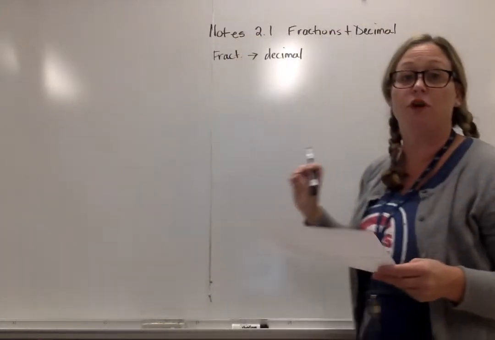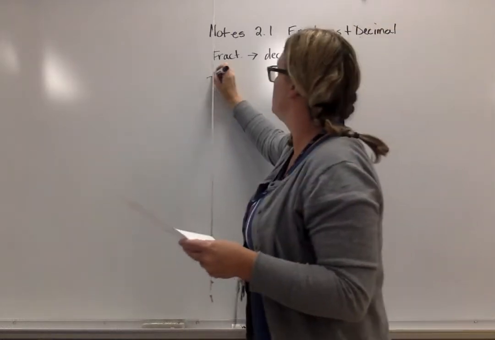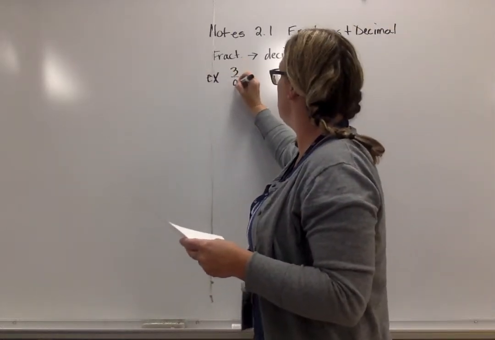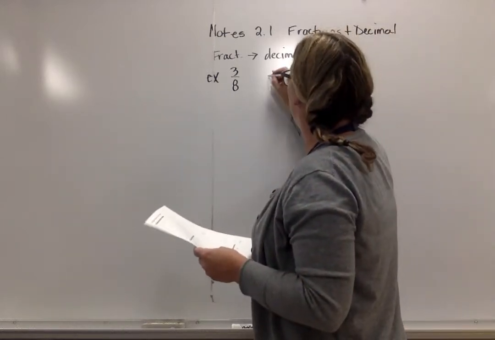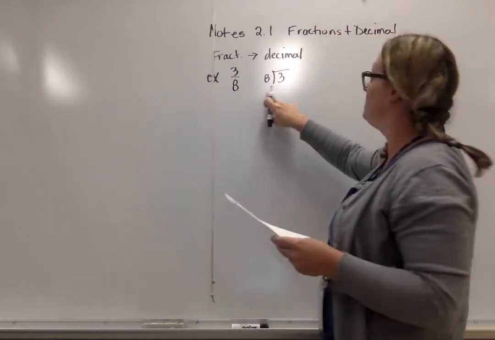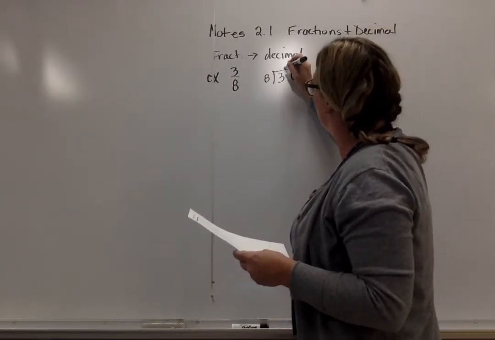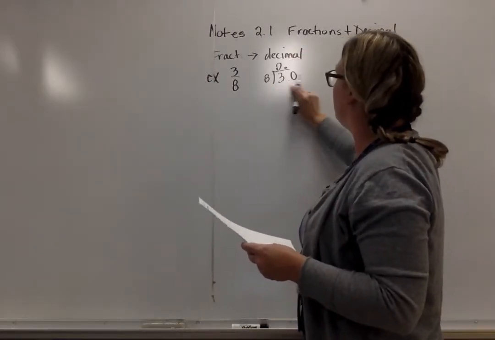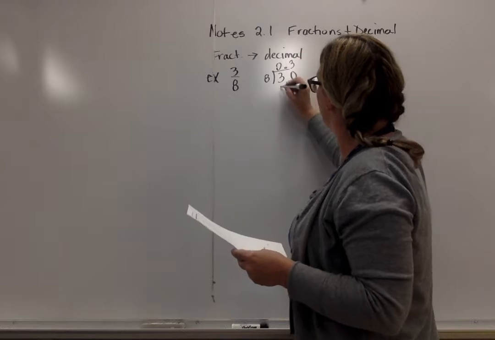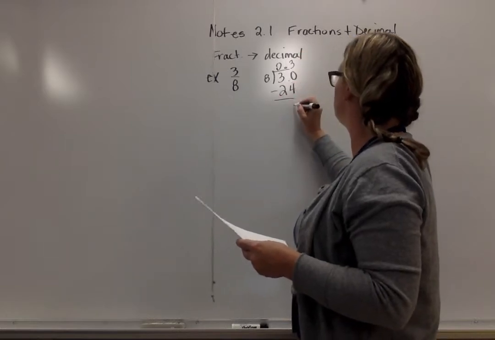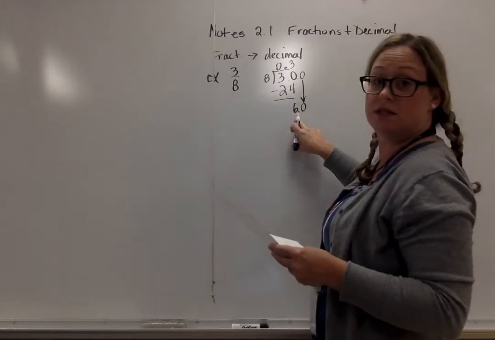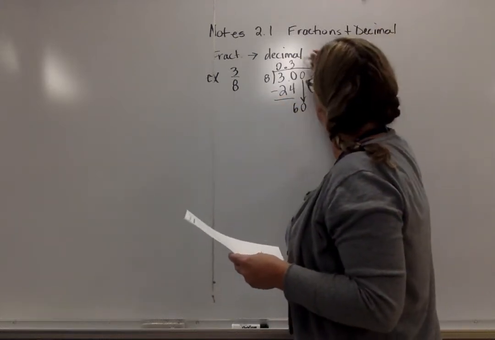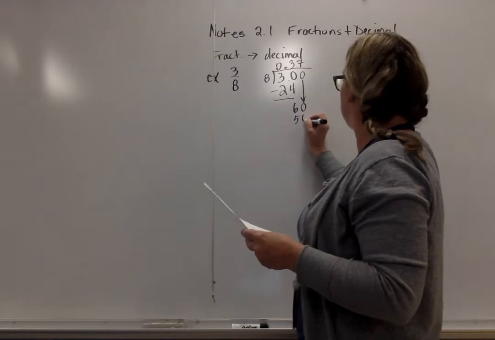We've done this before, and we're going to use long division to do it. My first example is 3/8. I'm going to take 3 and divide it by 8. 8 doesn't go into 3, but it goes into 30. 8 goes into 30 3 times, for 24. I'm subtracting using my long division strategies. 8 goes into 60 7 times, for 56.